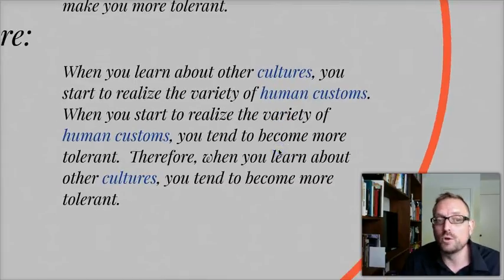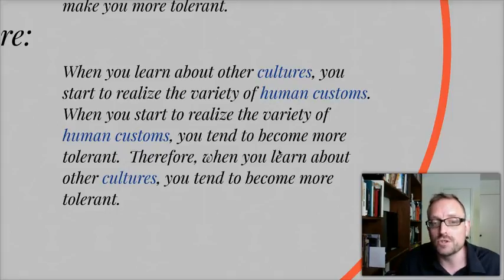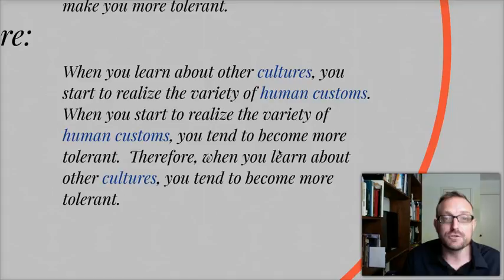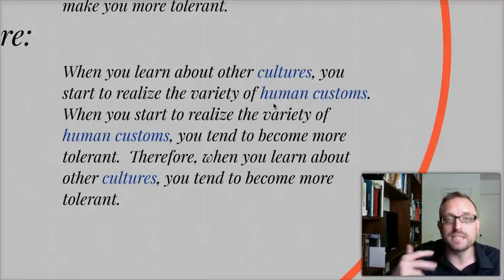Now, by contrast, compare this argument. When you learn about other cultures, you start to realize the variety of human customs. When you start to realize the variety of human customs, you tend to become more tolerant. Therefore, when you learn about other cultures, you tend to become more tolerant. Now, there's a couple of reasons here. Notice, and I've highlighted in red and blue, how the terms are being used again and again in connection with each other.